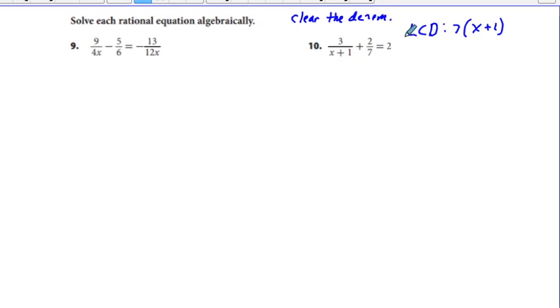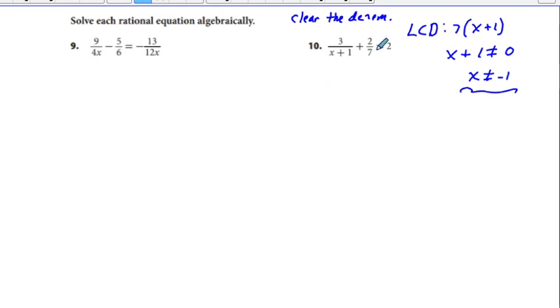So if we multiply by the right least common denominator, we're going to clear out all the denominators and have a linear or quadratic equation that'll be pretty easy to solve. As far as what x cannot be, well, we know that x plus 1 cannot equal 0, so x cannot equal negative 1. So that's going to be an excluded value.